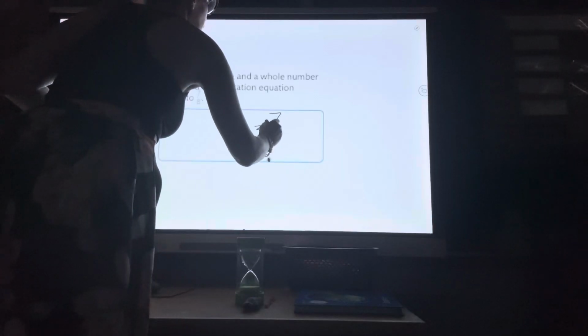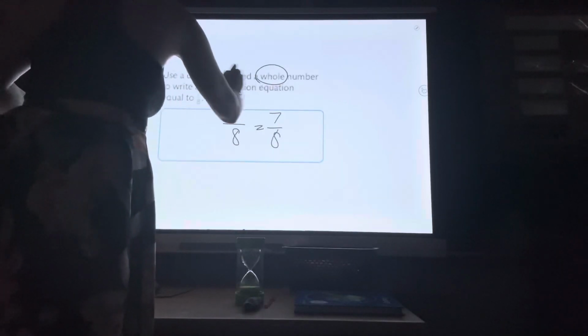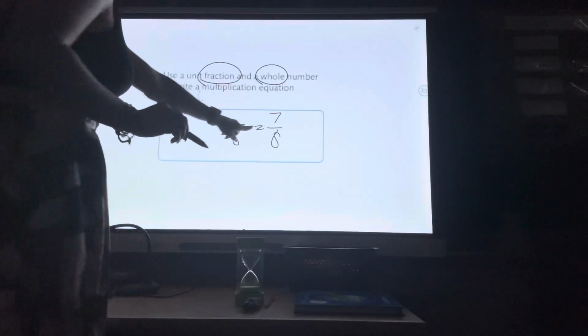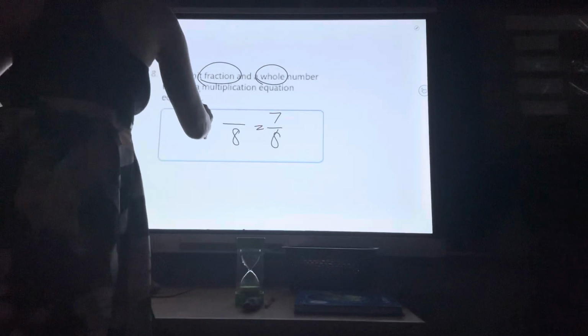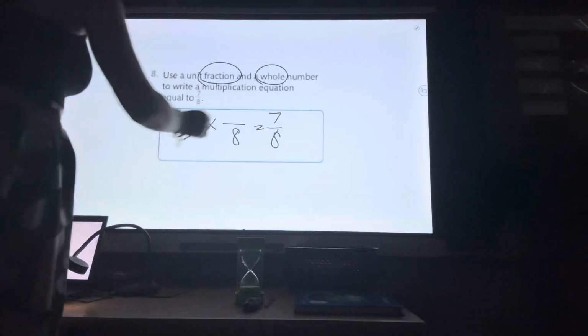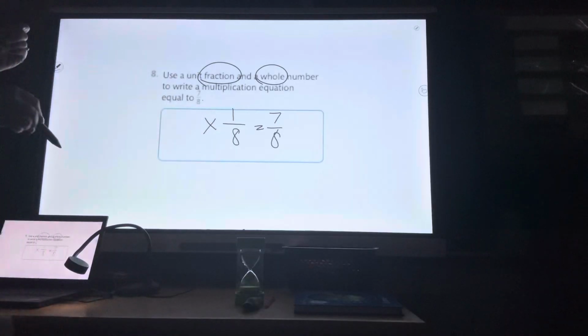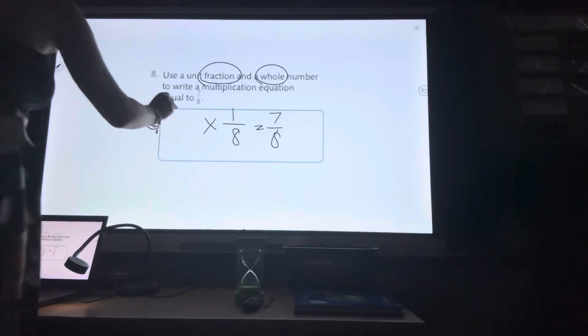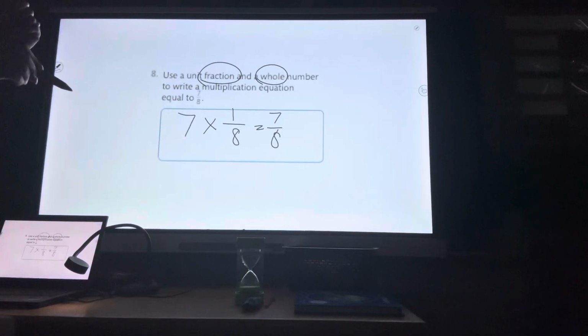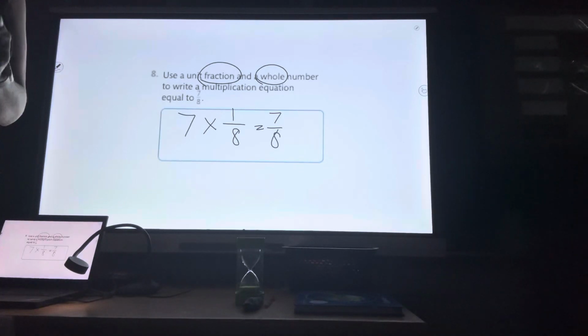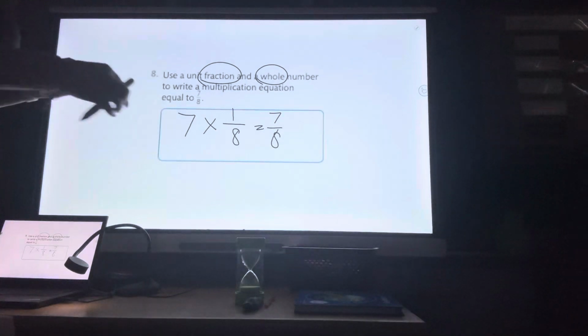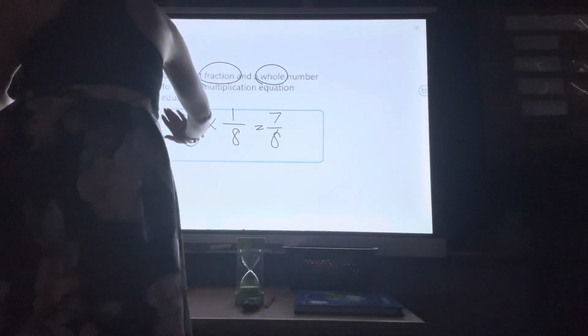Well, what times a unit fraction is equal to 7/8? 7 times 1/8. As long as you read the directions and follow the directions clearly, you're going to be okay.